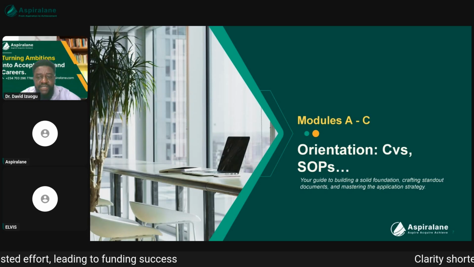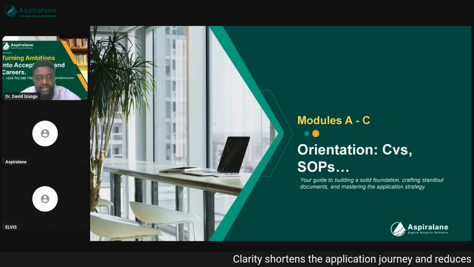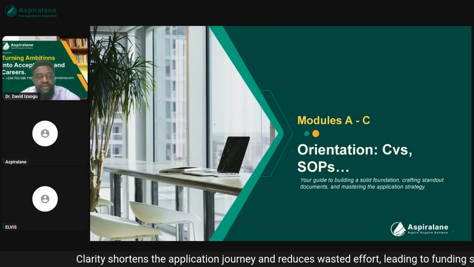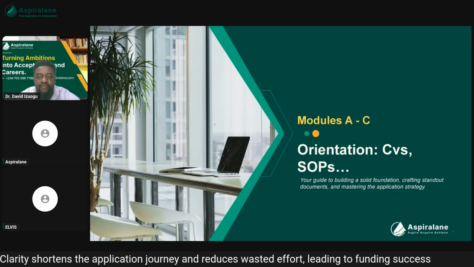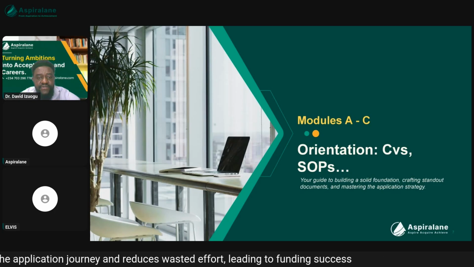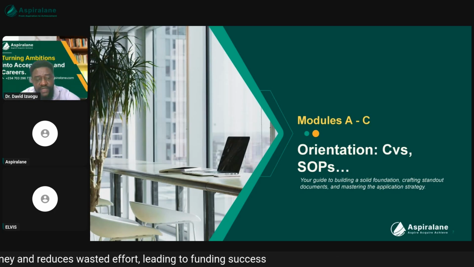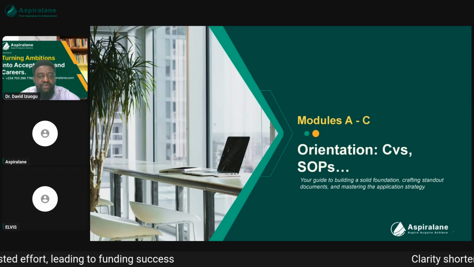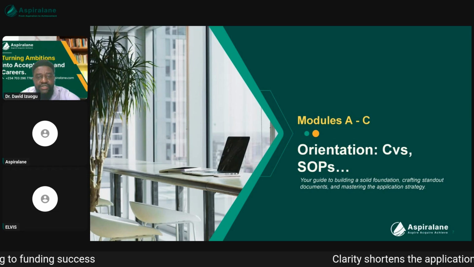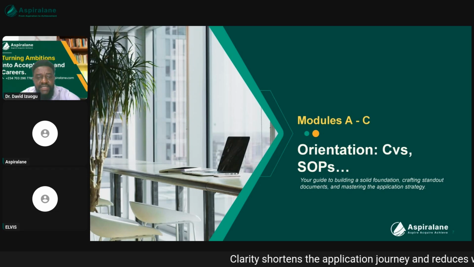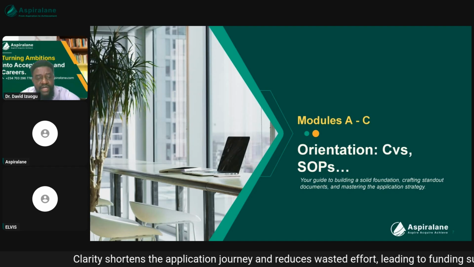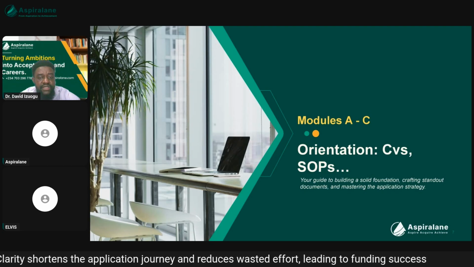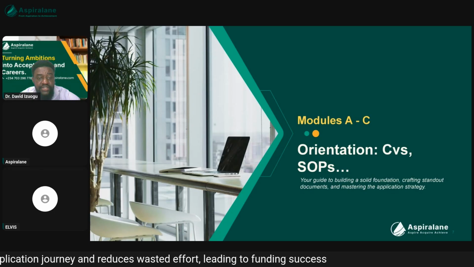Then we proceeded to look at the nitty gritty of those 4 stages: from career objective and program selection, through academic profile optimization, professional profile enrichment, and actually preparing the application documents, which are basically your CV, your SOP, your scholarship essay, and other application essays, as well as your recommendation letter.